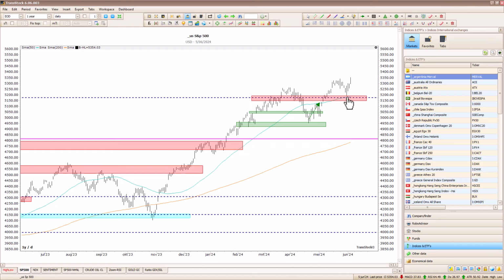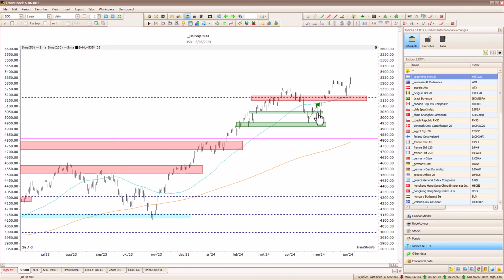A few days ago, the S&P tested the upper pivot and you can see the 50-day moving average around the same level. In the short term, the S&P needs to stay above that red area.